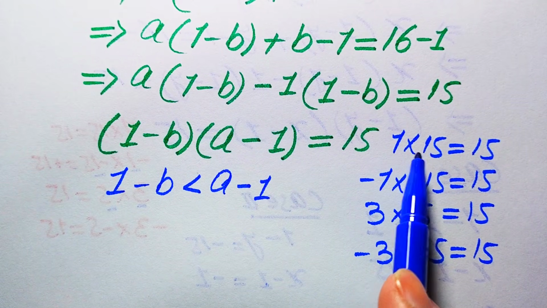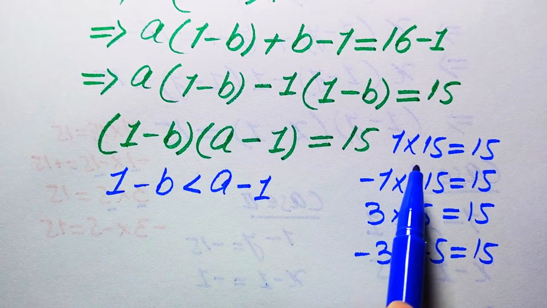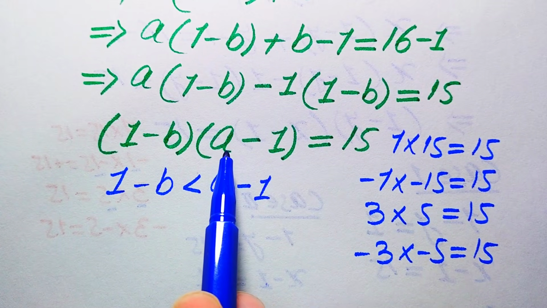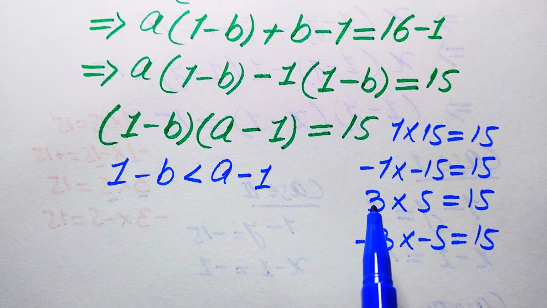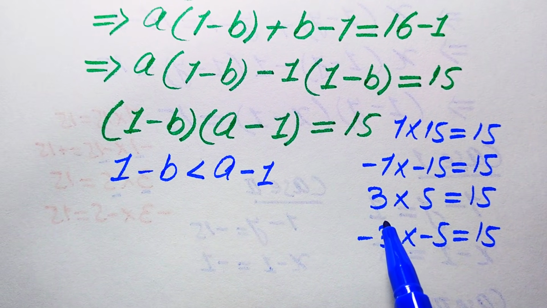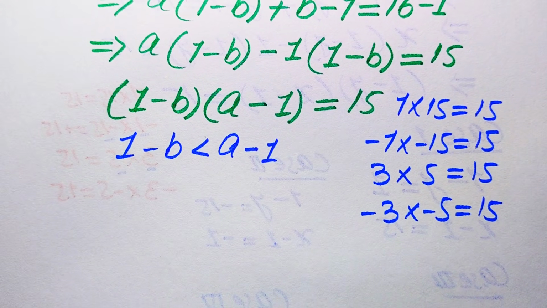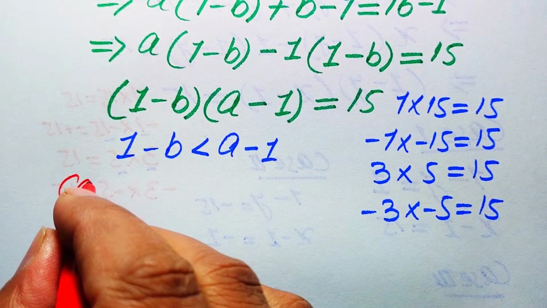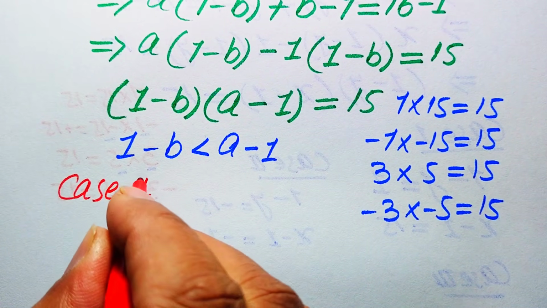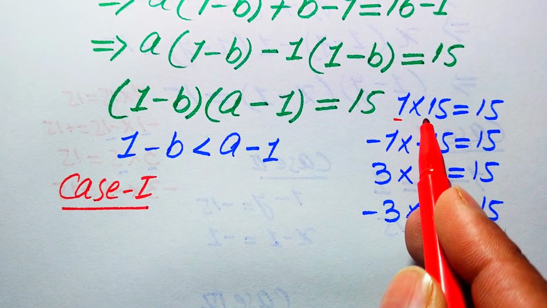So here we choose the smaller value of these two as 1 minus b, and we take the bigger value as a minus 1. In that way we make four cases, and we get the value of a minus b from all these four cases. First we write our case number 1, and in case number 1 we compare both of these two values with 1 and 15.